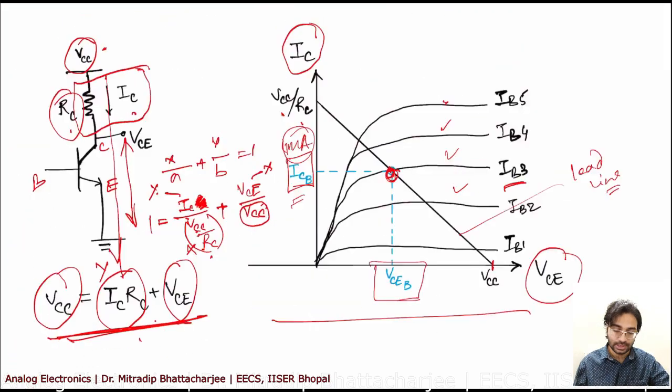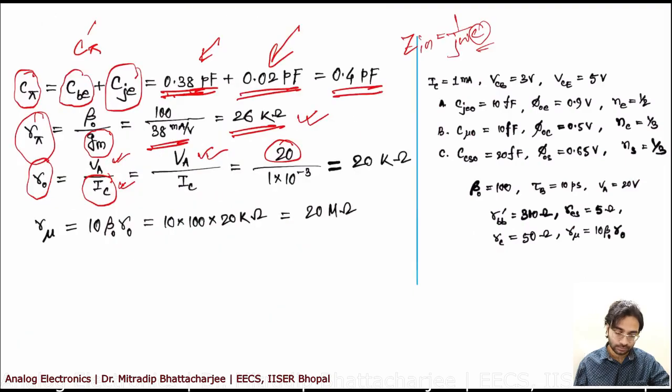So you can see here the values are given. VA is 20 volt, it is given. See from here where it is given, VA is equal to 20 volt, and then you have IC value as 1 milliampere here. So you have 20 kilo ohm as an output resistance, and then you have R mu.